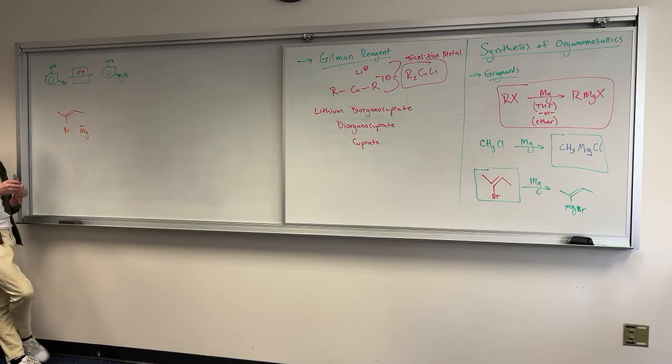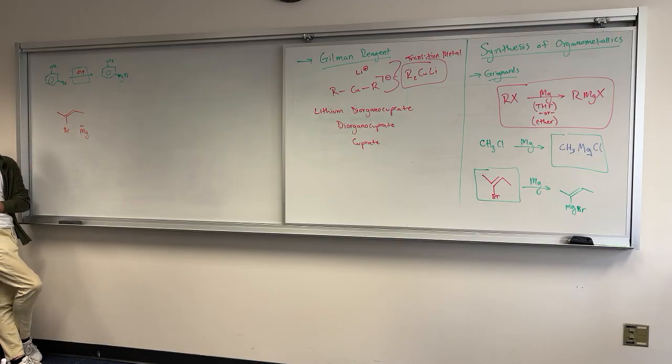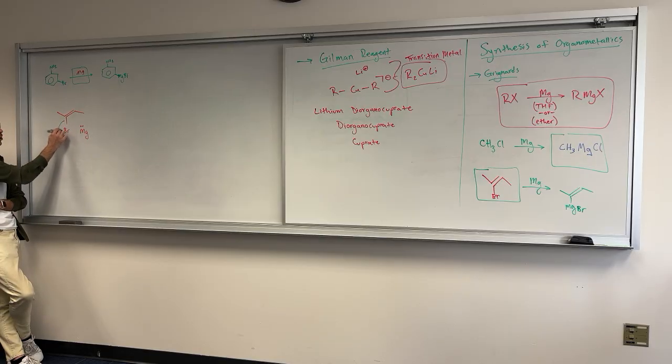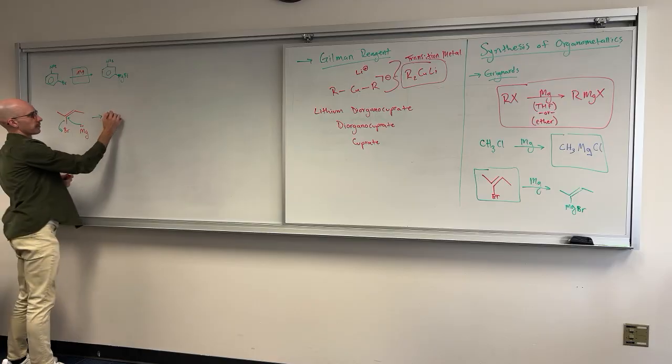Now, we know that when a bond breaks, like the C-Br bond, those electrons are owned by the more electronegative atom. So bromine should be taking these electrons, which means that magnesium is donating its electrons to the carbon.